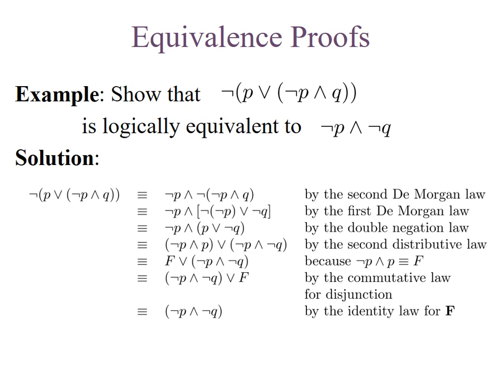So in the end we have the original proposition equals not P and not Q. I think you cannot remember all of these basic forms in the first place, but after a little bit of practice, you can remember all of these laws we need to apply to prove the logical equivalence.